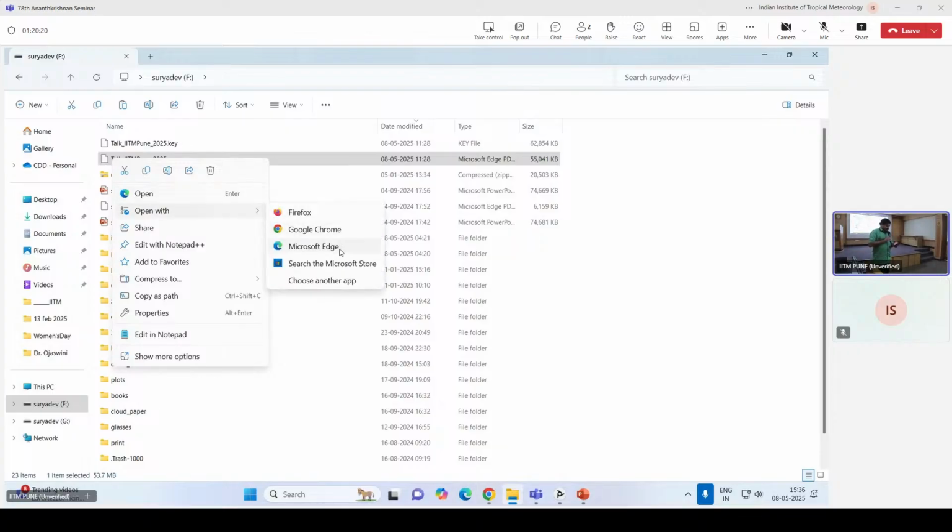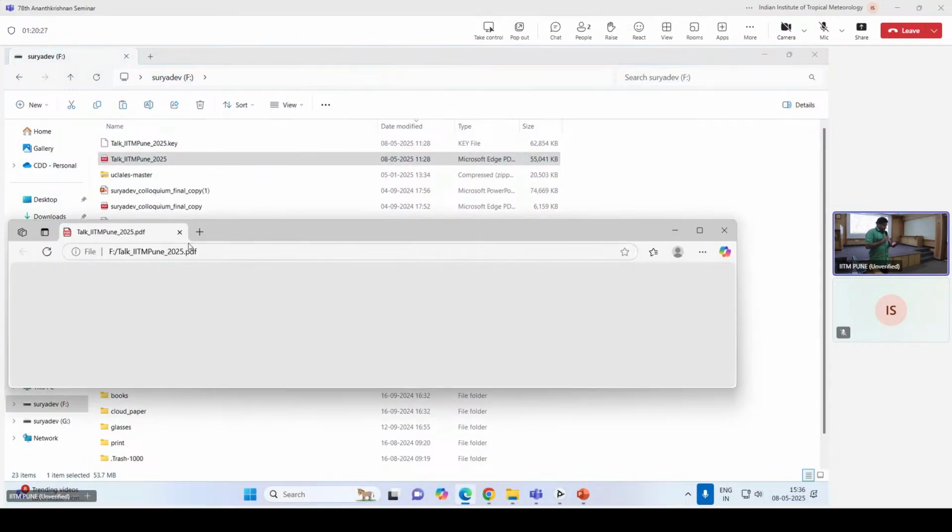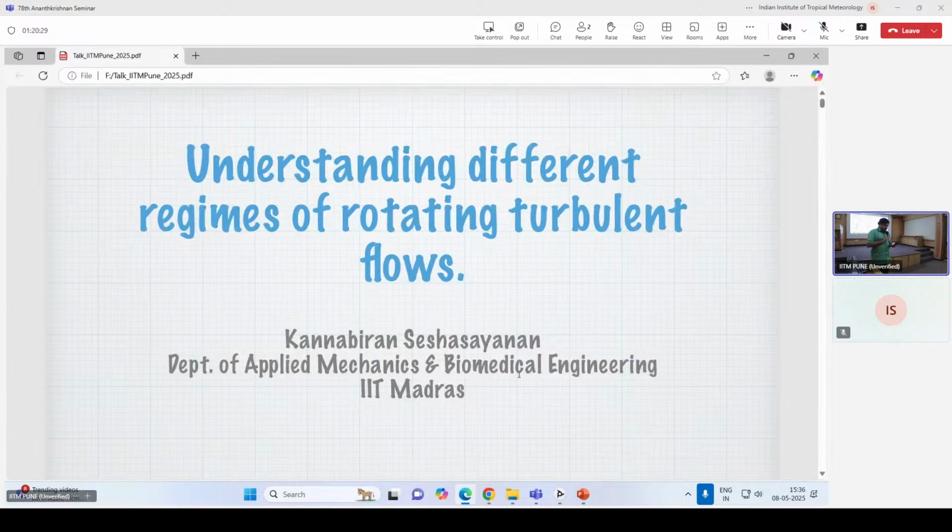After that, he joined IIT Kharagpur 2020 to 2023 in the Department of Physics. Right now he is at IIT Madras, working as assistant professor in the Department of Applied Mechanics and Biomedical Engineering. So he's going to talk about different regimes in rotating turbulent flows. It's going to be a more physicsy talk, as you can imagine. Over to you, Kanna.